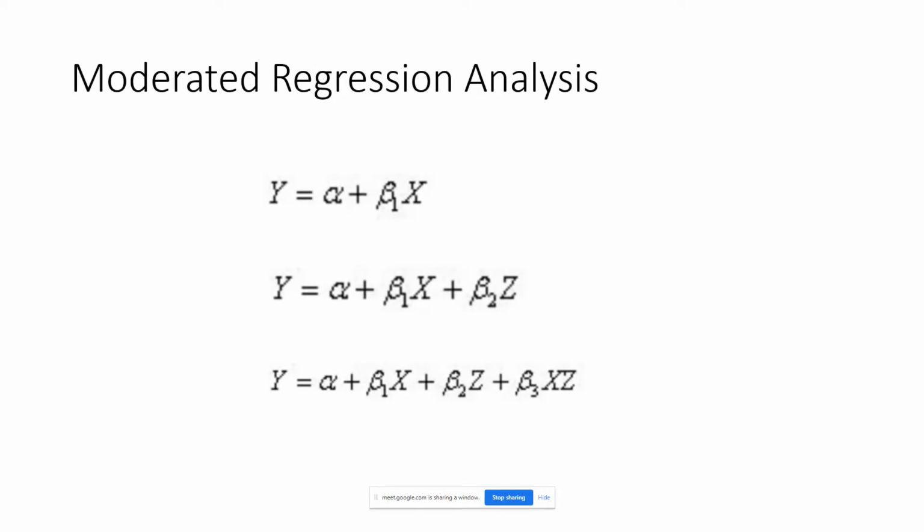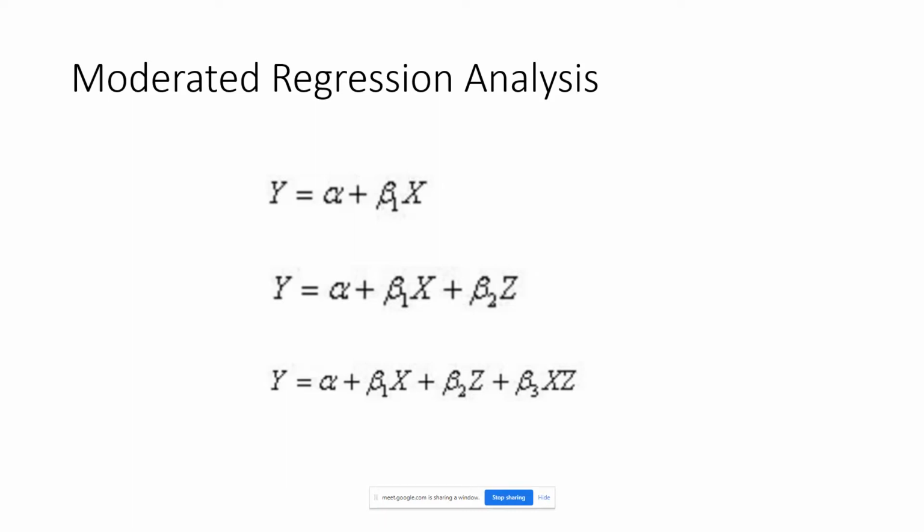These are some of the ways in moderated regression analysis. The first one is a simple regression, y equals alpha plus beta sub 1 x, where alpha is the y-intercept and beta sub 1 is the coefficient of our x.